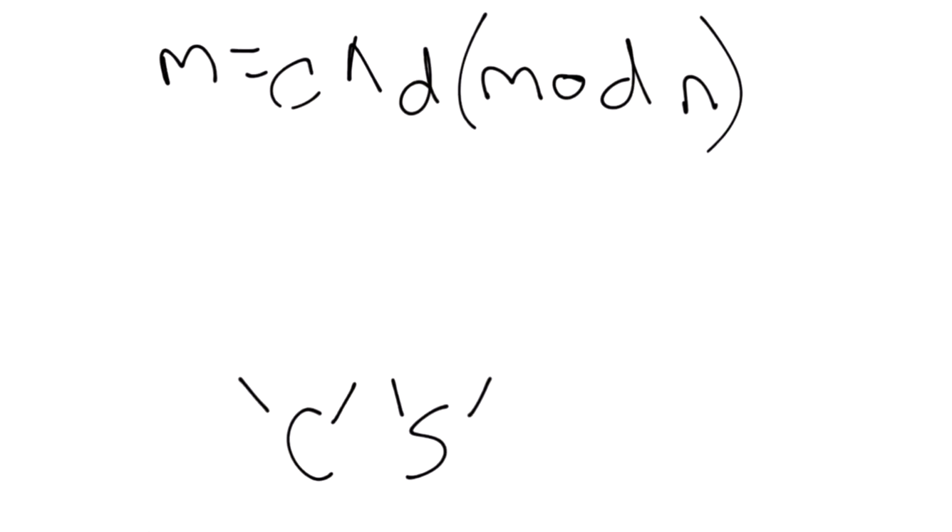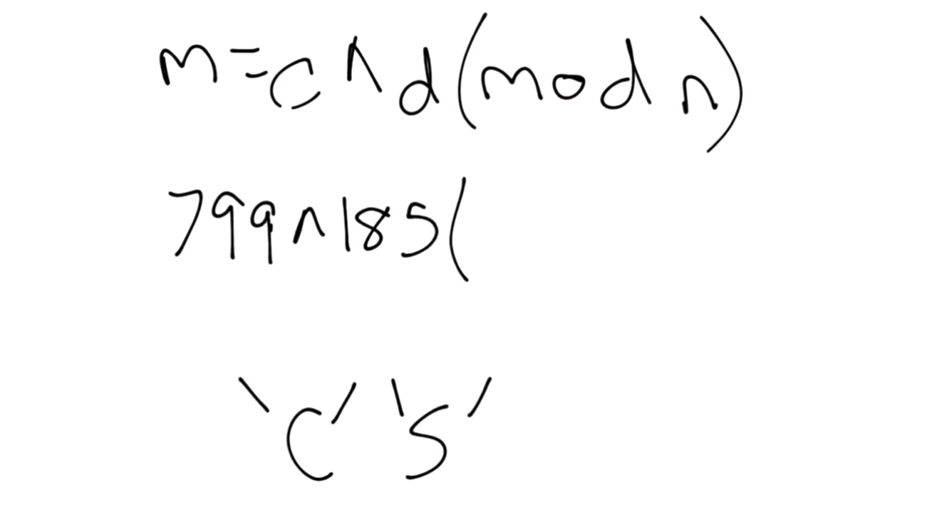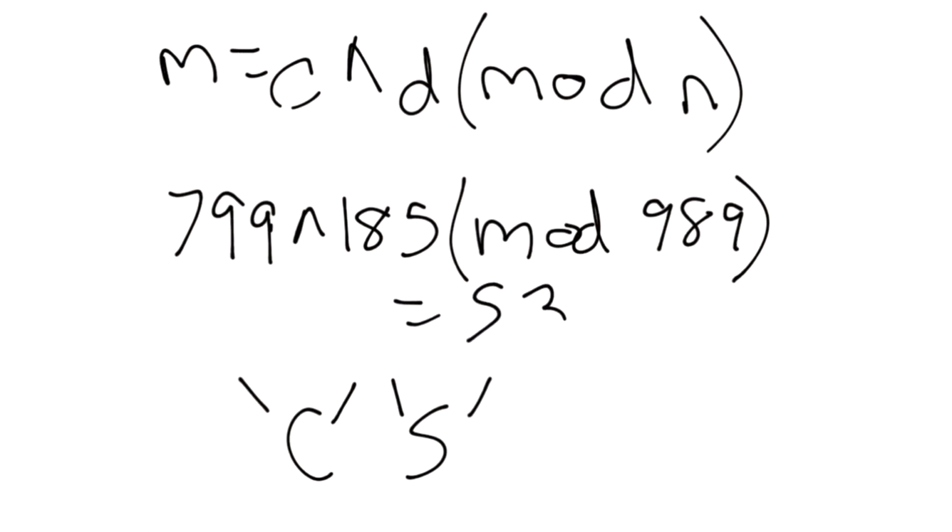Now for the third chunk, which has value 799, we raise to 185, mod 989, and this is equal to 53, which is the value of the character 5 in ASCII.